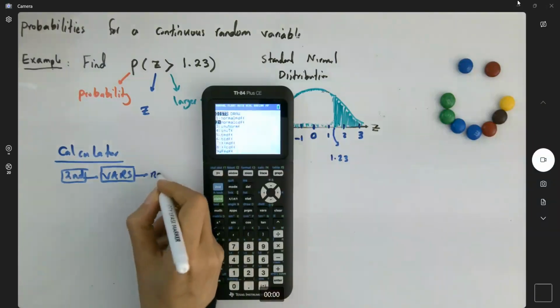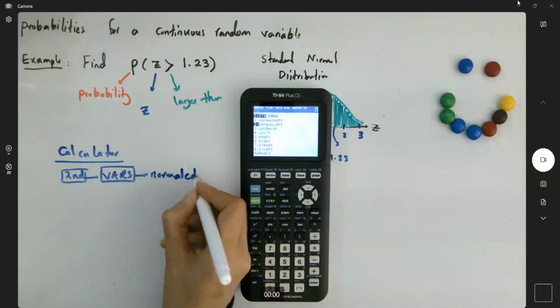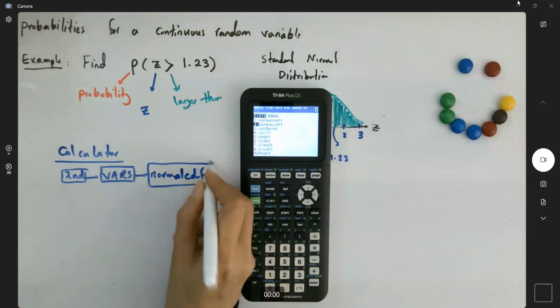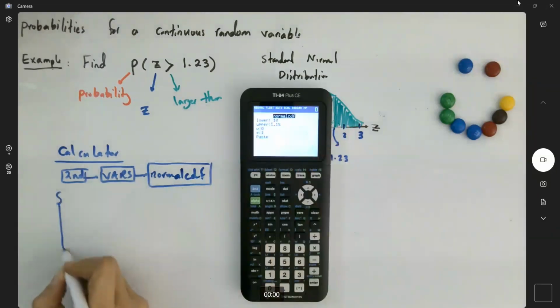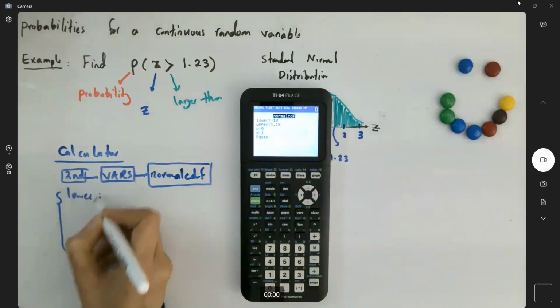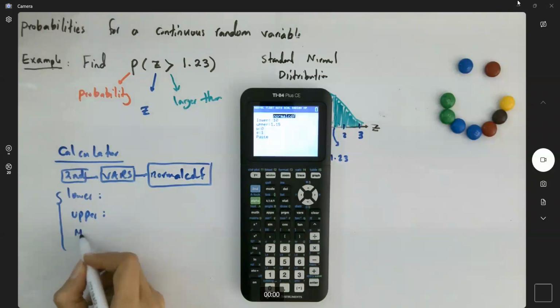Okay, that wasn't that difficult. Normal CDF. Now I need to identify what is my lower limit, what is my upper limit, what is my mean, and what is my standard deviation, SD.